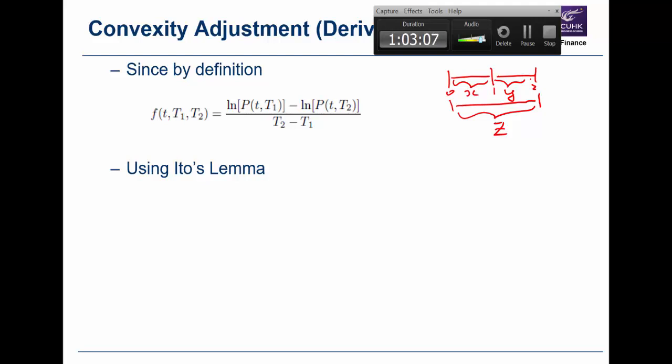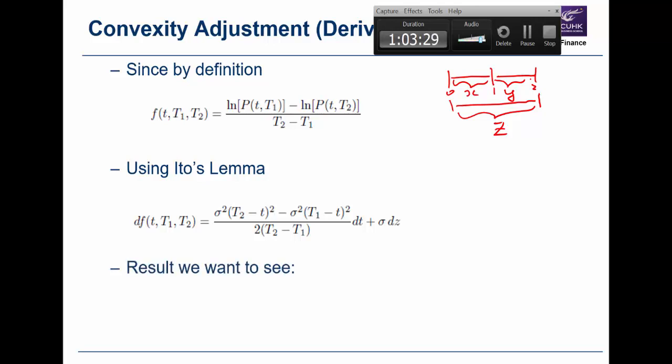Now, if you use Ito's lemma, a small increment of that function, that's why Ito's lemma is so useful. It crops up everywhere. This is the standard Ito formulation of that forward rate.